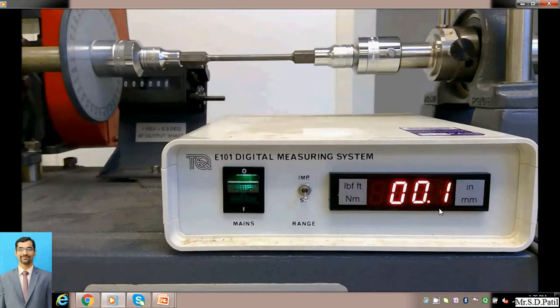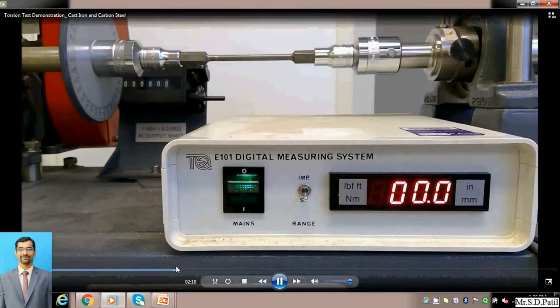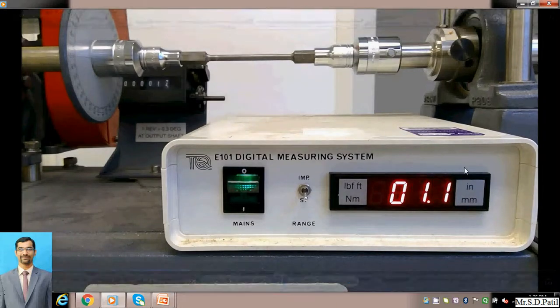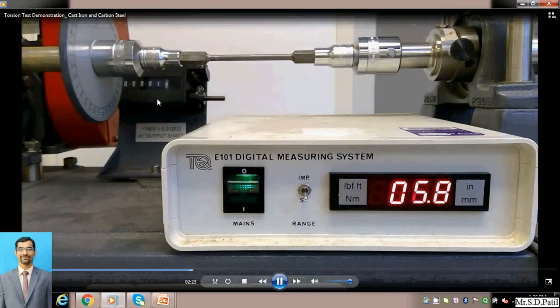Now the actual force is going to be applied on the cast iron rod. Here we can observe slowly that the torque goes on increasing, and the revolution has started.